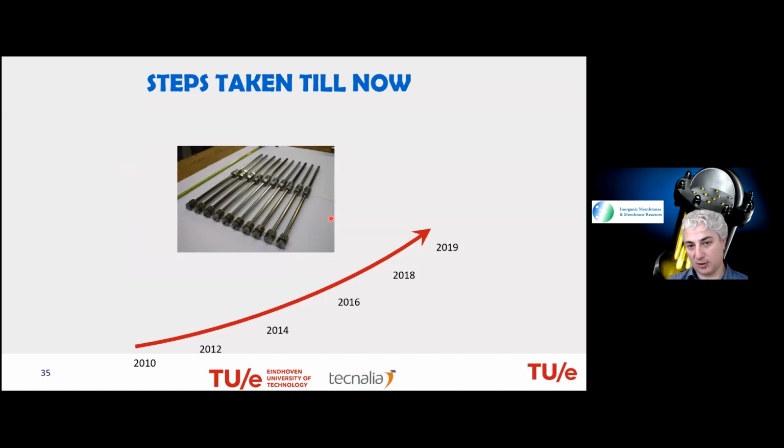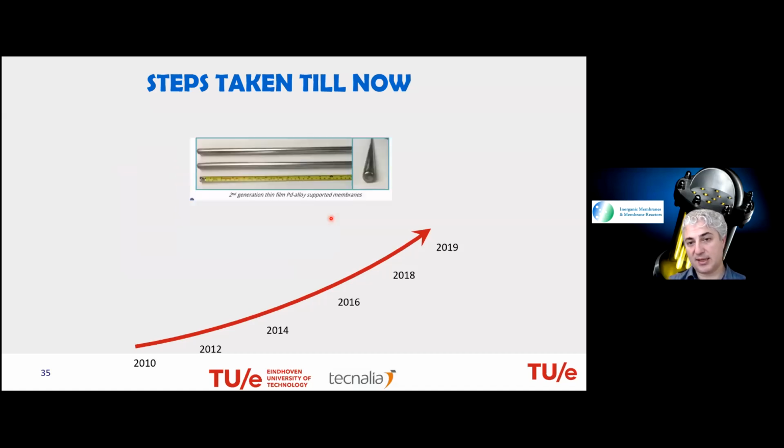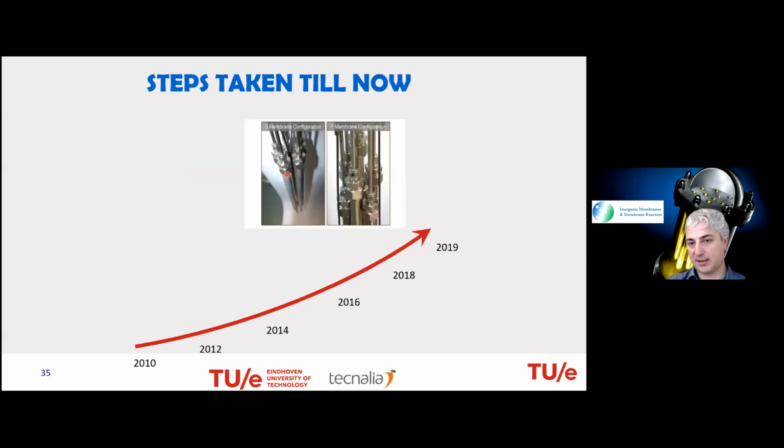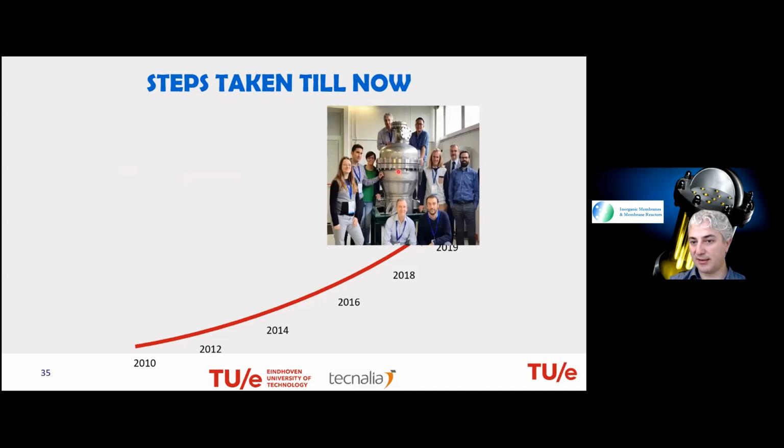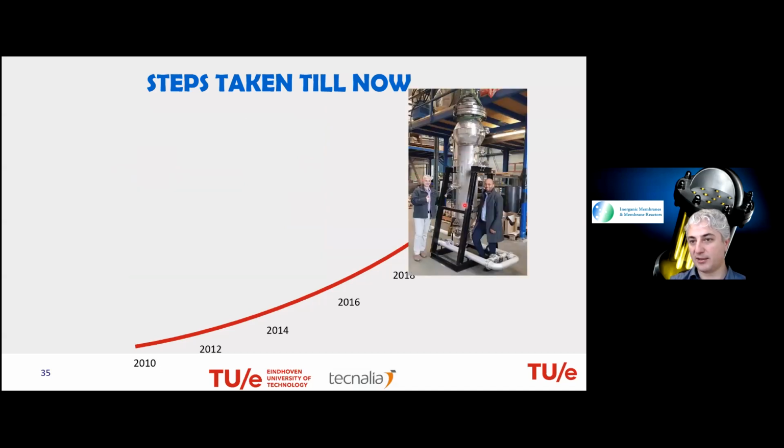We put a lot of membranes together, and then we worked on really scaling up, making longer membranes, also closed from one side, which means that you don't need to seal from the bottom. And then many more long membranes together, 5, 7, 125 membranes. And then you see that the reactors, from the very small one, become bigger and bigger. So this is the 20 cubic meter per hour.